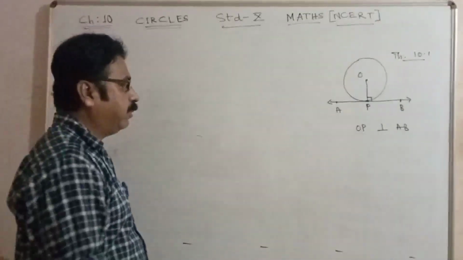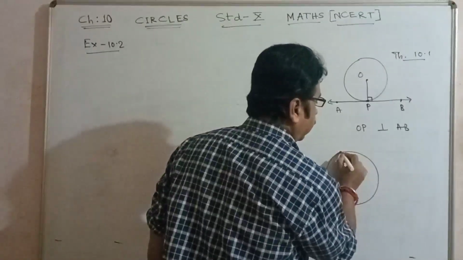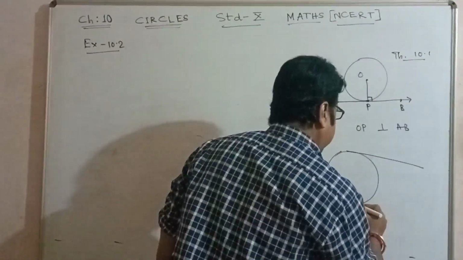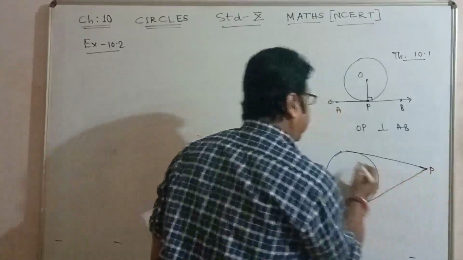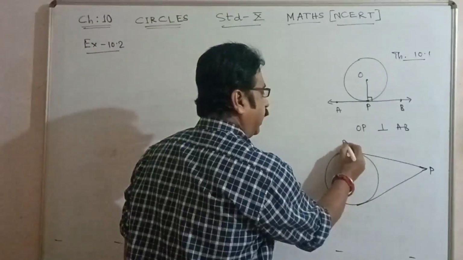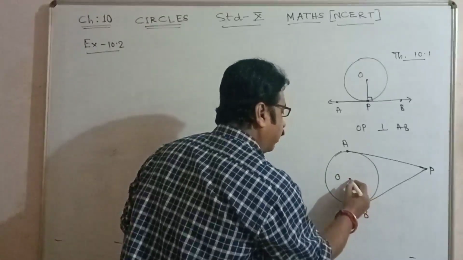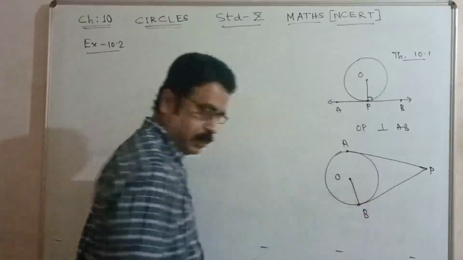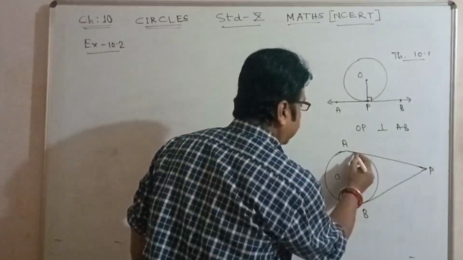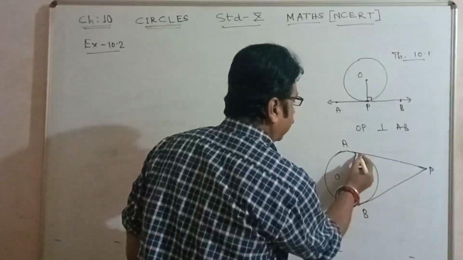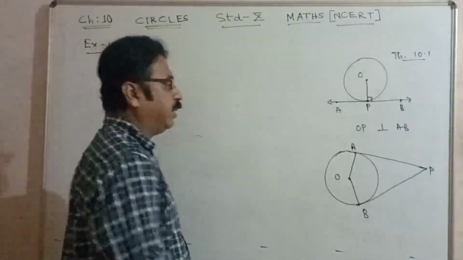And in theorem 10.2, suppose P, this is the point of contact A, this is the point of contact B, this is the center of the circle O. What did we get in theorem 10.2?